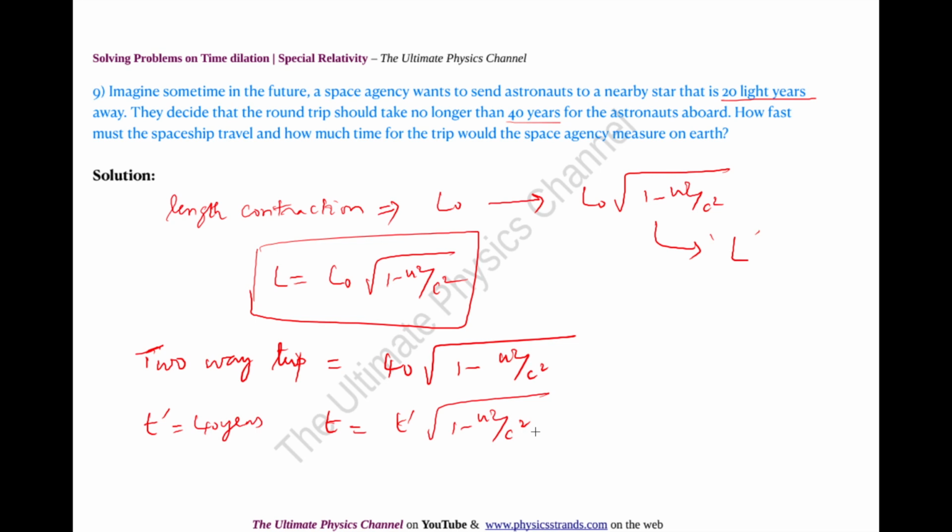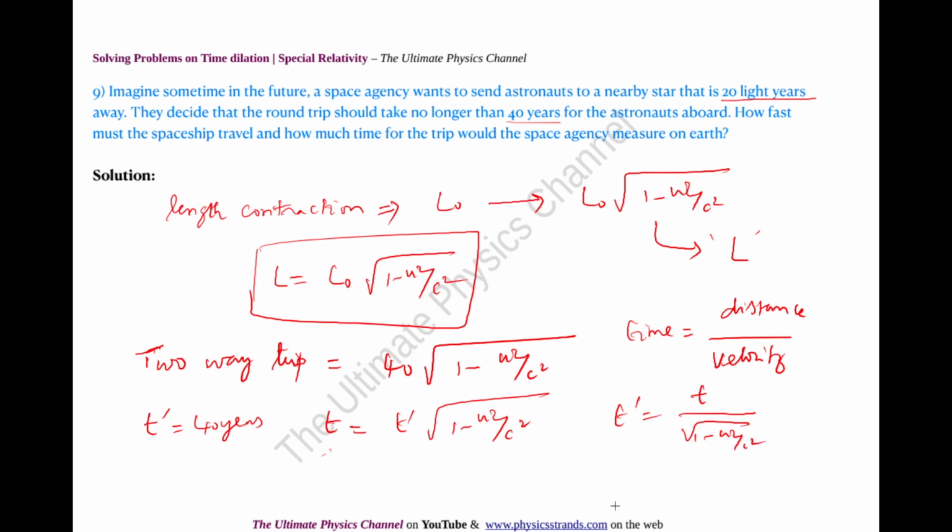Now, here the distance is getting corrected because of this length contraction. So we can say that the measured time would be the distance taken for the journey over the velocity with which the journey is accomplished. So therefore, I can say that in this case, t prime is equal to t over the square root of 1 minus u squared over c squared, which is our formula.